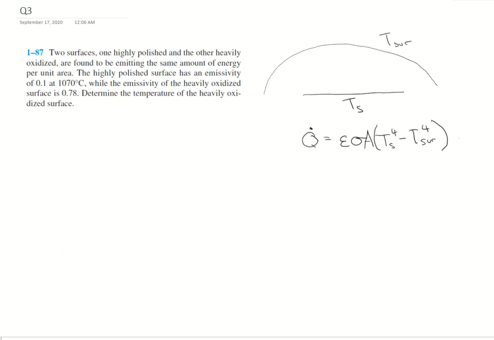This is normally what we're used to dealing with, but we're actually going to go one step back for this equation. The weird thing about radiation is that it's not the same as with convection or conduction, where the heat transfer is driven by the temperature difference. With radiation, every surface is just emitting.